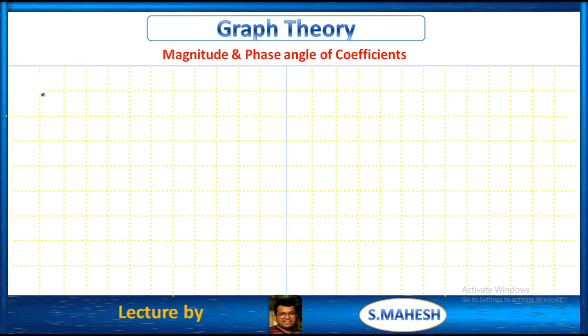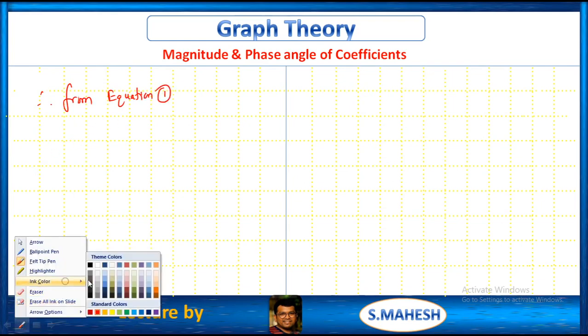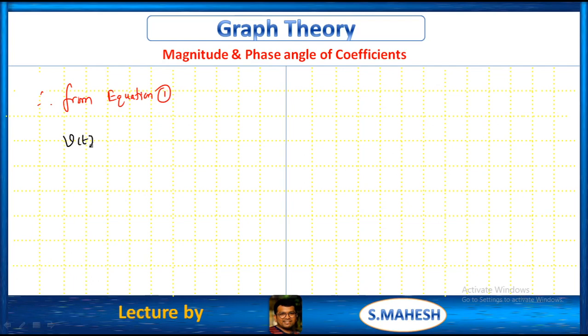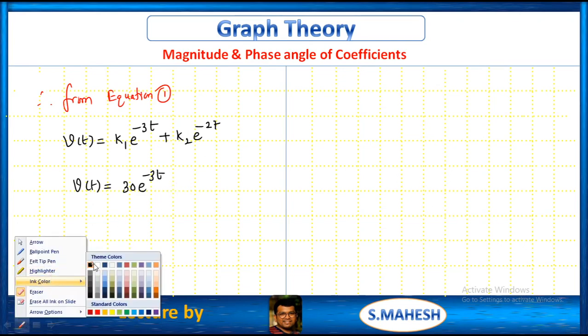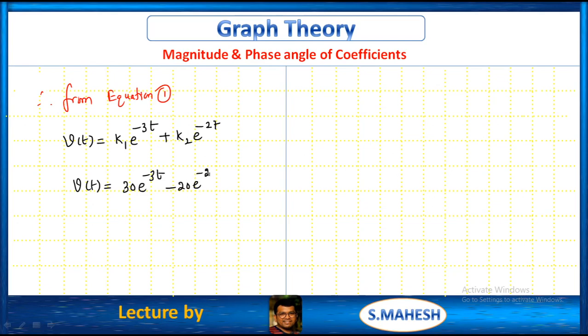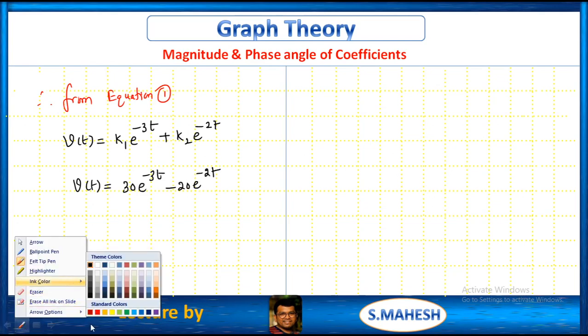Finally, from equation 1, what is V of t? K1 into e power minus 3t plus K2 into e power minus 2t, right? We all know that V of t, K1 is 30 into e power minus 3t plus, sorry, this is K2, minus 20, right? This is minus 20 e power minus 2t. This is the solution for this problem.